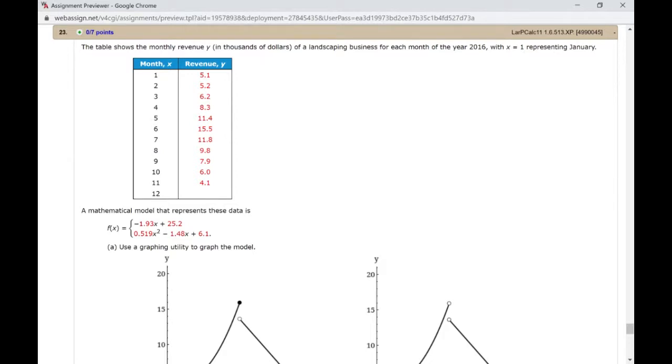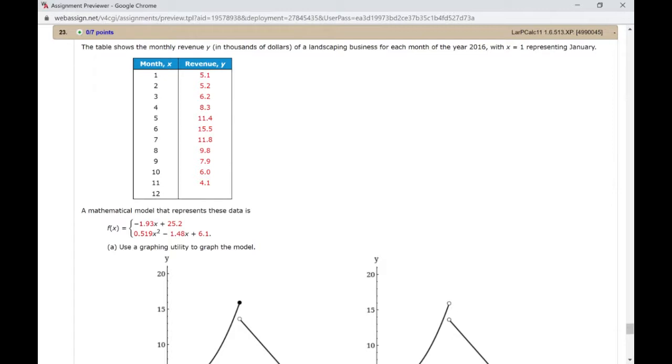And what type of dollars? Revenue on this table is in what? In thousands of dollars. Okay, in thousands of dollars.